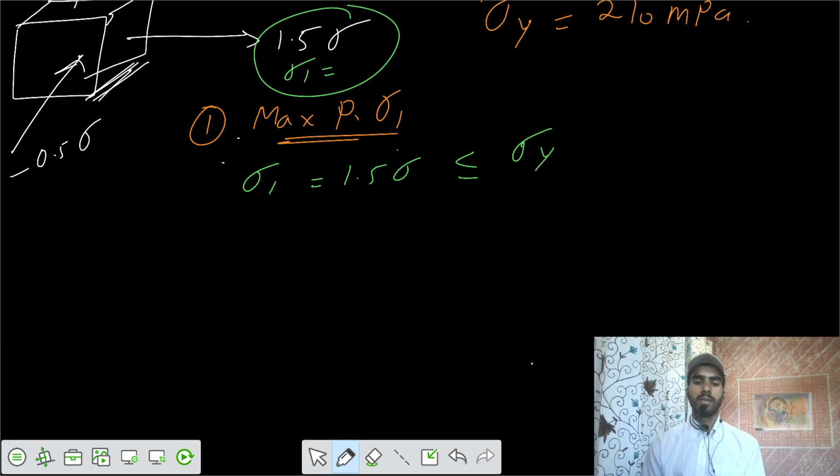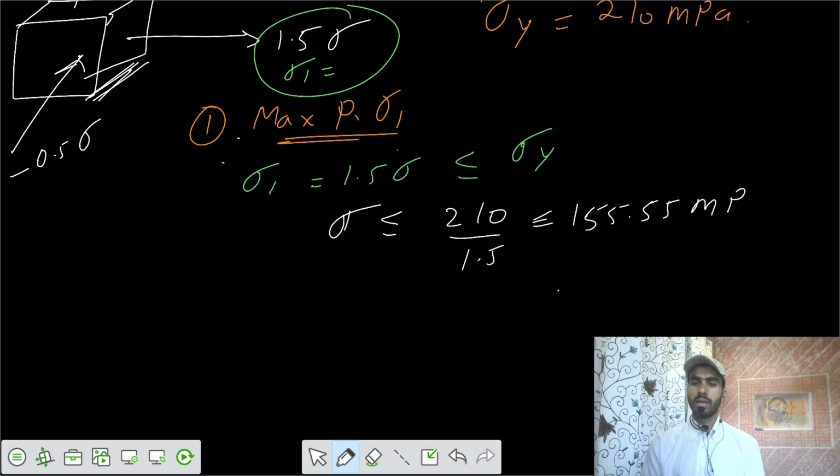Can you say that? That means sigma should be less than or equal to 210 by 1.5, that equals 140, 155.55. So sigma should be less than or equal to 155.55 megapascal. That means this is the stress allowed on the material, equal to this value or less.